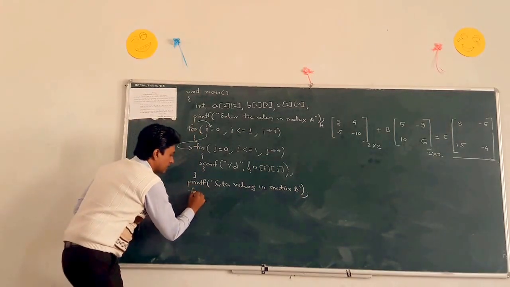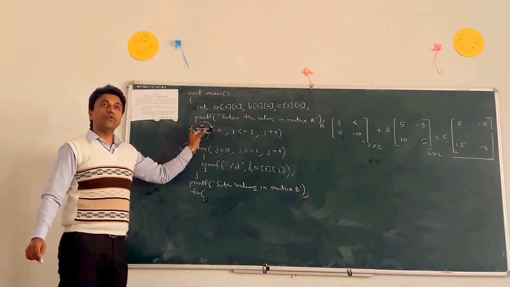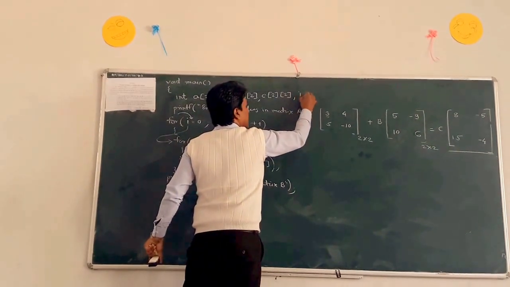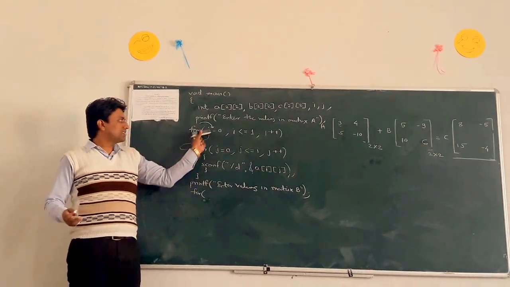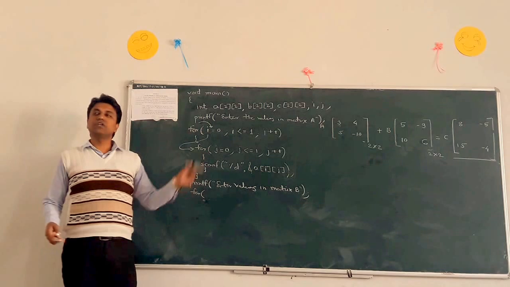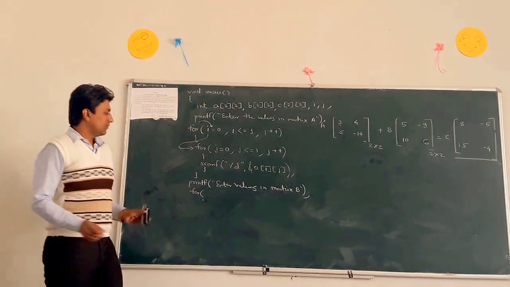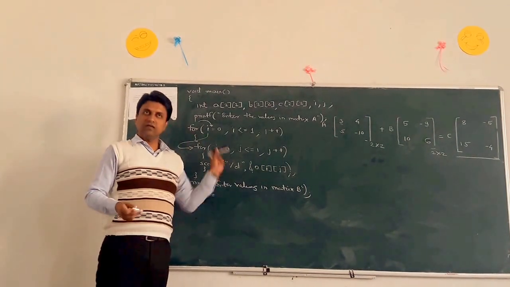Next, what is remaining? We have to declare i and j. So declare i comma j. Only declaration is necessary because we have to initialize i and j later, so no need to initialize prior. Clear?